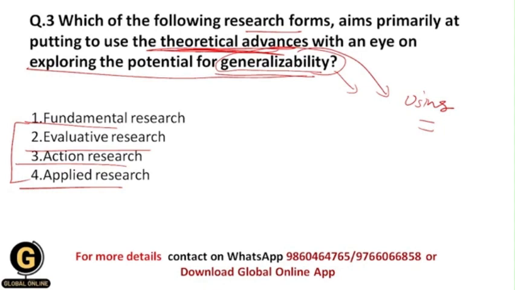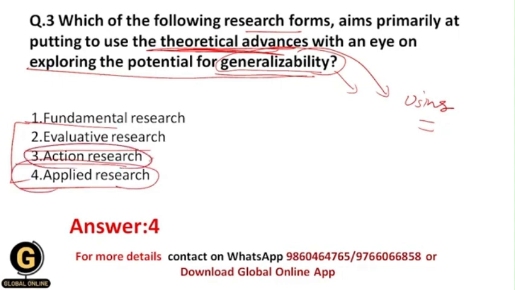And after getting the solution, it has that much potential that we can explore it for generalizability purposes. So that's why the correct answer here is 4, because we are applying the laws to our research problem, and this is nothing but the applied research.